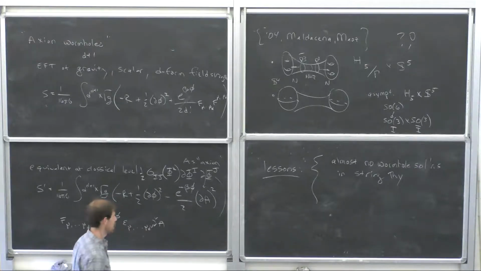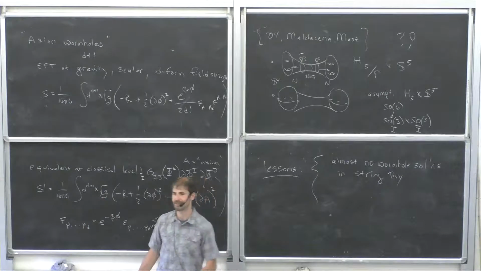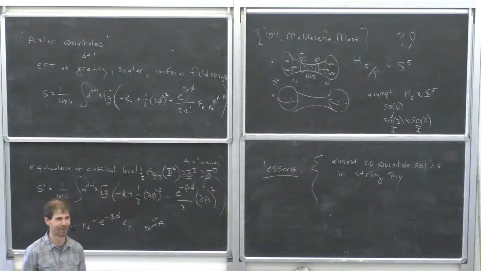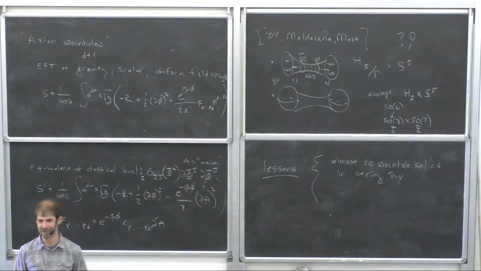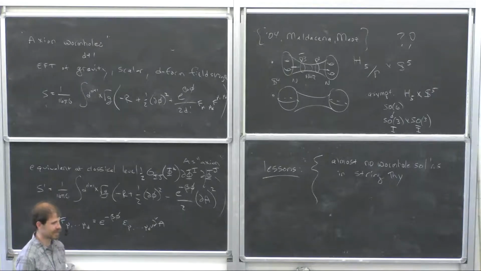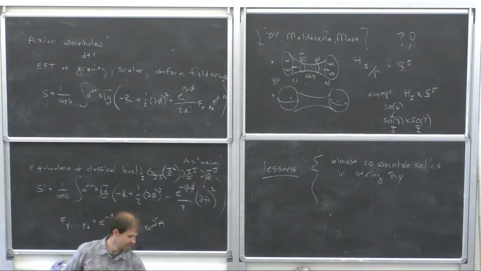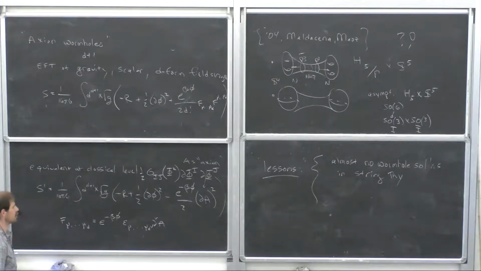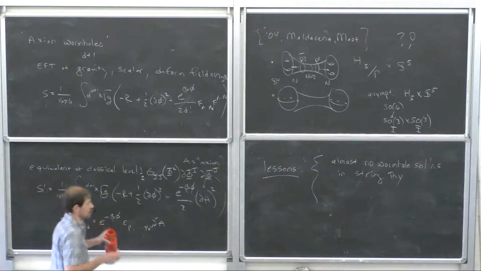The one on the best footing is that of Marolf and Santos, and maybe that's unsurprising because of the people involved. They were able to perform a complete perturbative stability analysis that's sufficiently complicated that it doesn't appear in the paper. I don't think it's been checked by anyone else, but they certainly have a good track record. The brane part of the story is completely unclear for them at this time. And for the other wormholes, it's just not known.